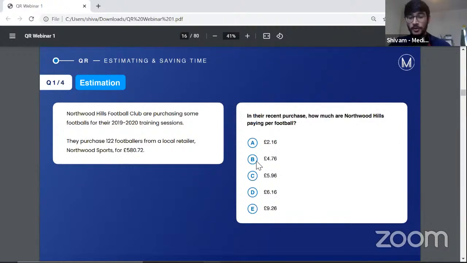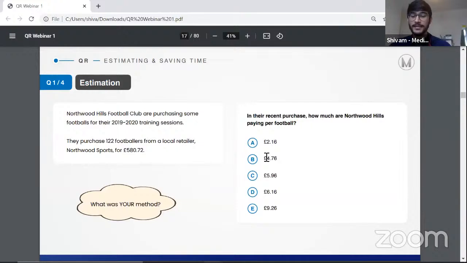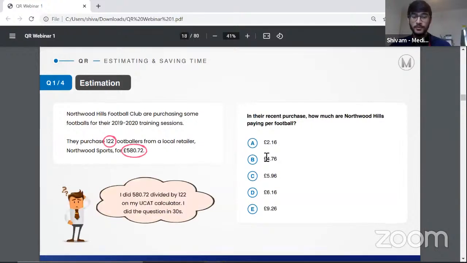So actually, that's what I would have gone for straight away. So within 10, even 15 seconds, we've got the answer to this question. So rather than faffing around with the calculator and being exact and actually getting 4.76 or 4.75 if you use the calculator, we've estimated. Okay, so estimating really is the way forward in the UCAT exam, trying to estimate as much as possible.